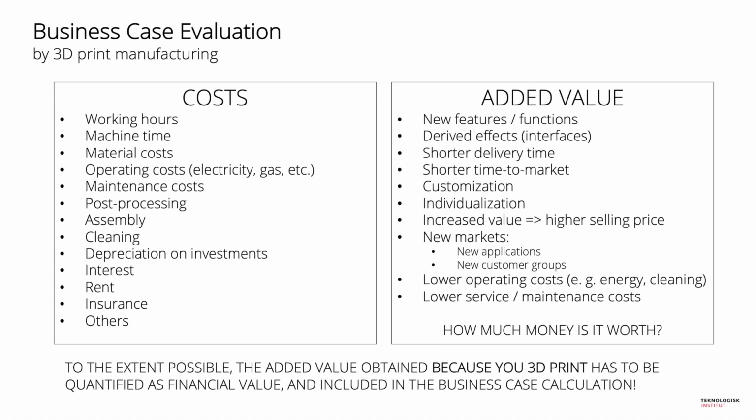It may be new features for functions, it may be a shorter delivery time, shorter time to market. It may be individual adaptation of a part to human beings, or you may open up new markets, for instance, or your maintenance cost may be reduced because you have 3D printed a part. But the essence is how much is it worth to put money on each contribution.